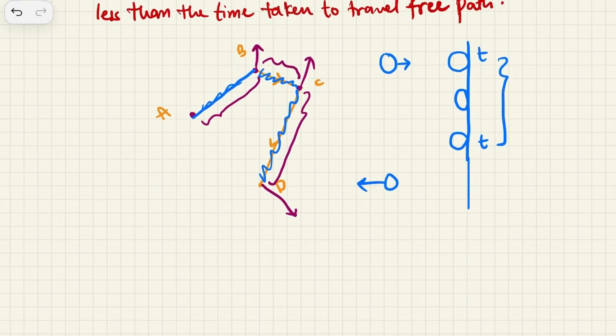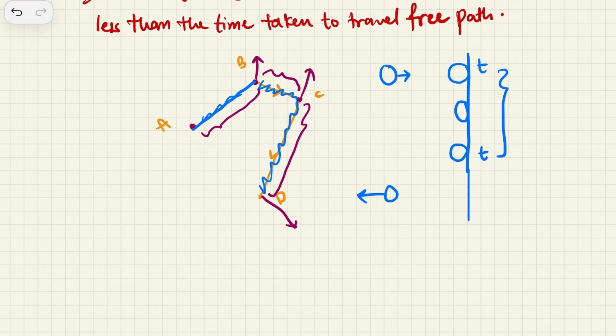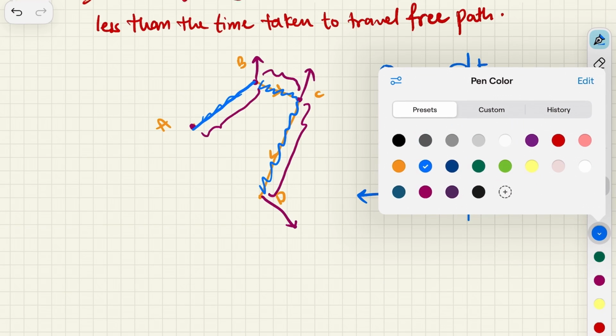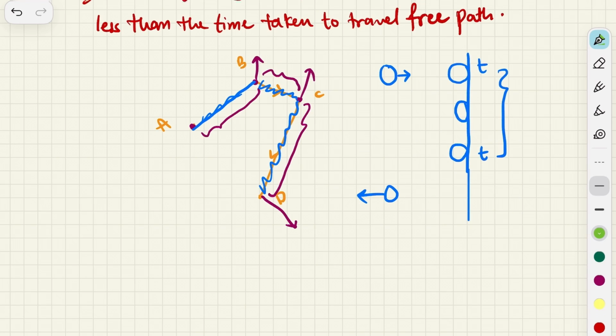There should also be one more assumption. Let me do it with a different color. When one molecule is moving towards another, in between two collisions the velocity of the molecule is constant.